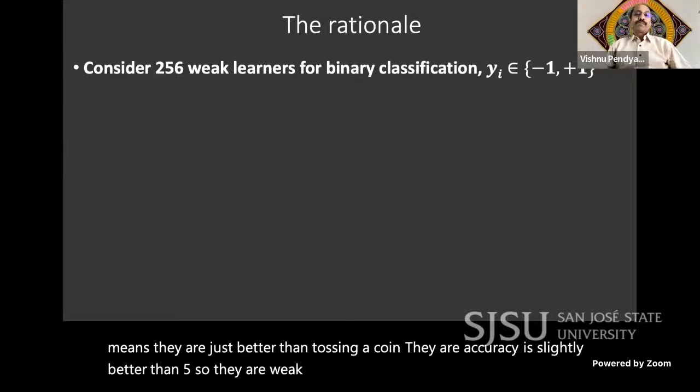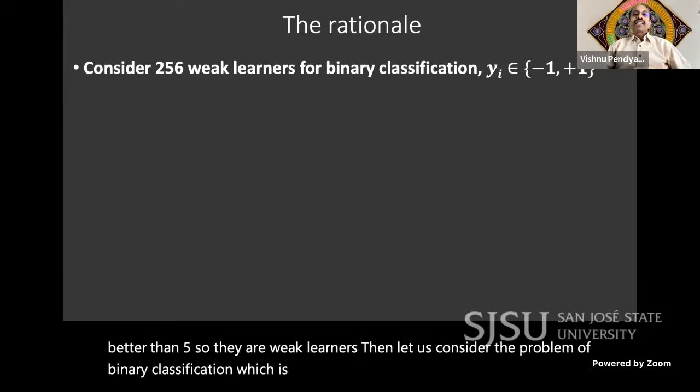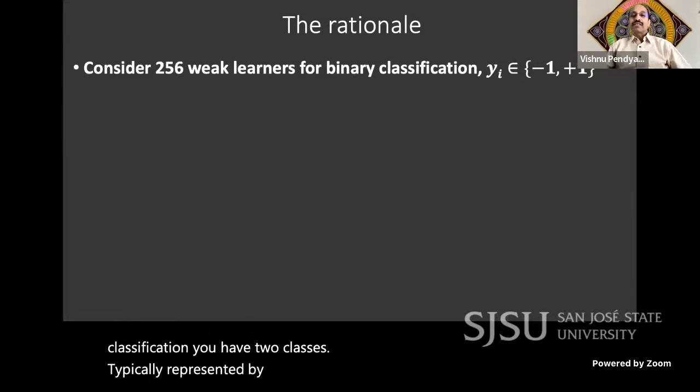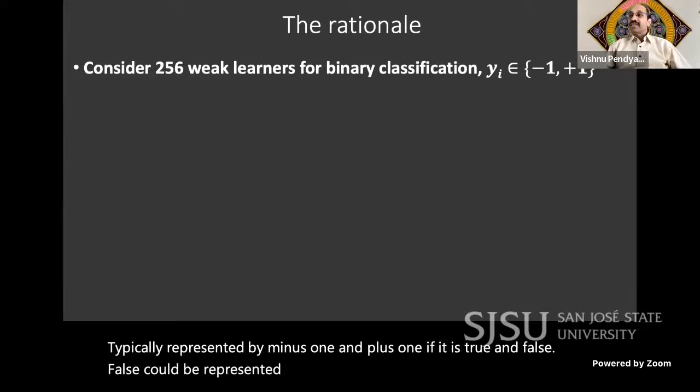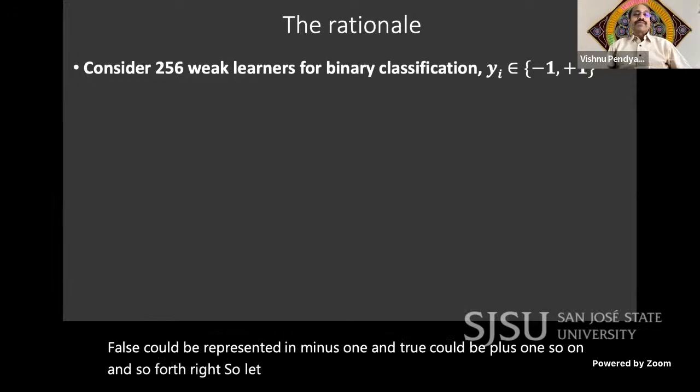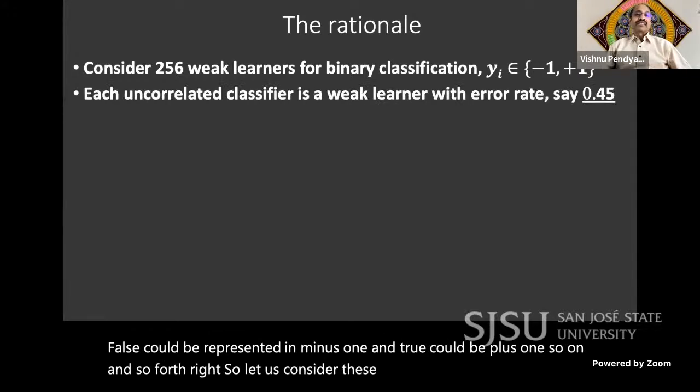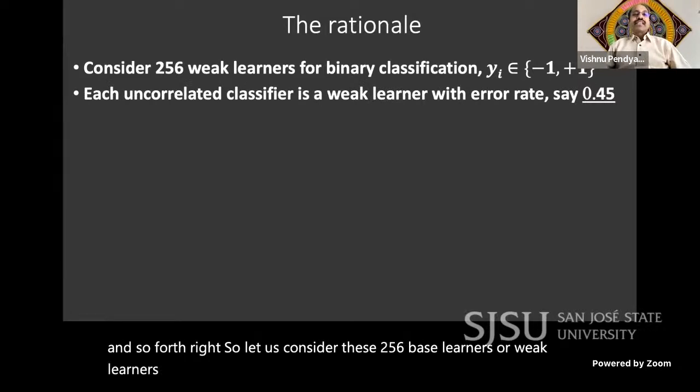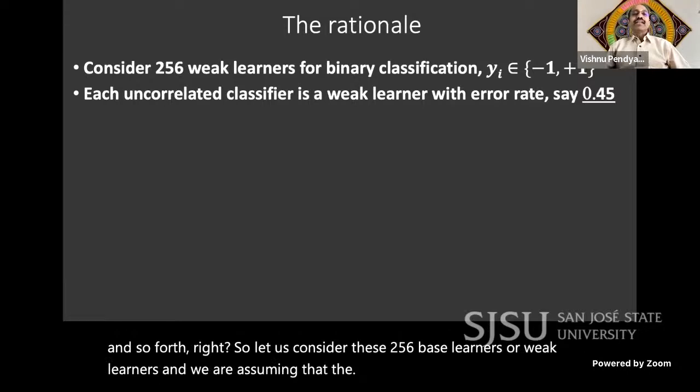And let us consider the problem of binary classification, which is commonly used. In binary classification, you have two classes typically represented by -1 and +1. If it is true and false, false could be represented by -1 and true by +1, and so on, right? So let us consider these 256 base learners, or weak learners, and we are assuming that the weak learners are uncorrelated.